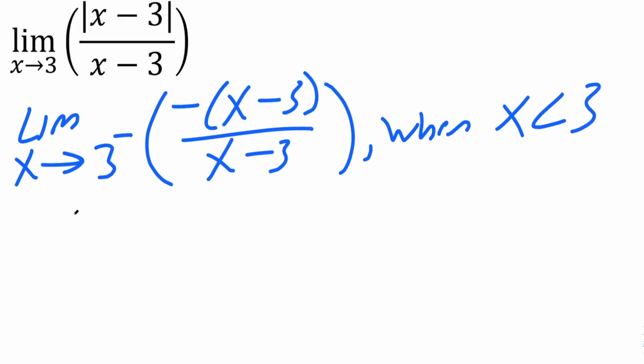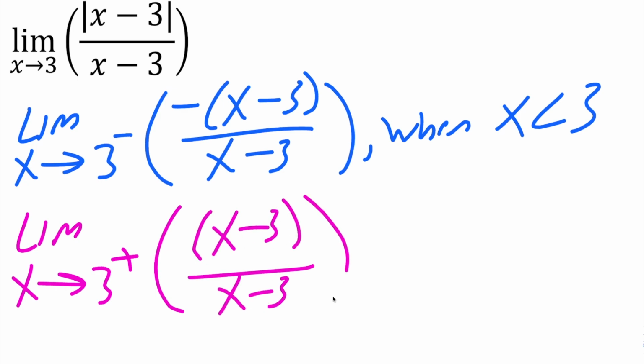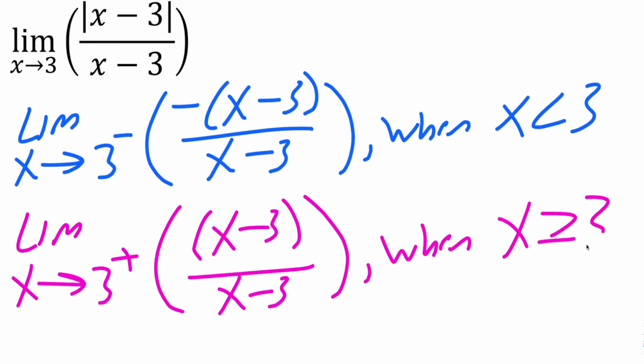And now I'm going to do the exact same thing for the limit as x approaches 3 from the right. So we can say limit x approaches 3 from the right, and instead it's just going to be x minus 3, regular parentheses, divided by x minus 3. And off to the side, you could say when x is greater than or equal to 3.